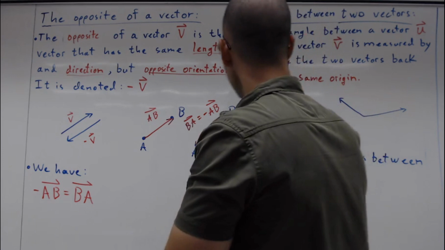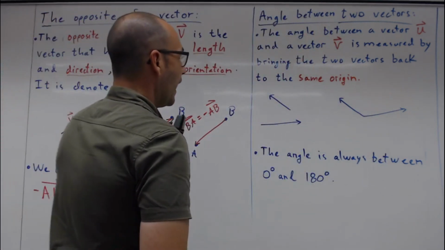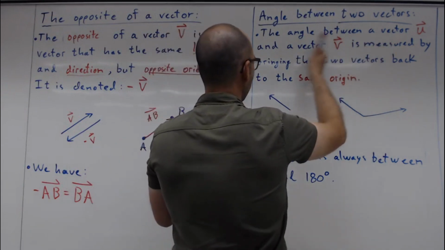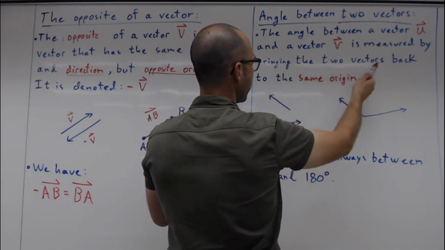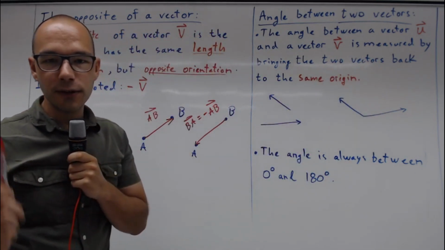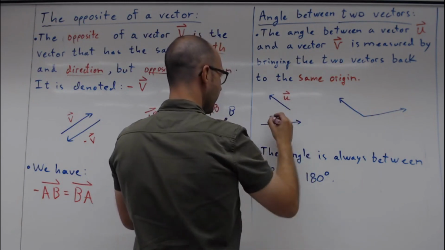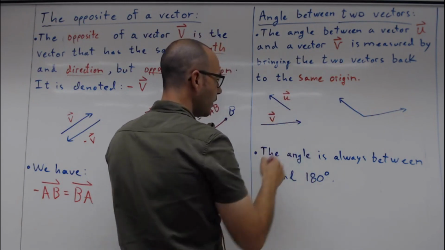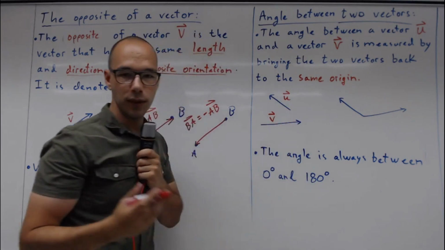Now for the angle between two vectors, well, the angle between vector u and vector v is measured by bringing the two vectors back to the same origin. So if you have a u vector here and the v vector here, you cannot find the angle just yet between those two vectors.